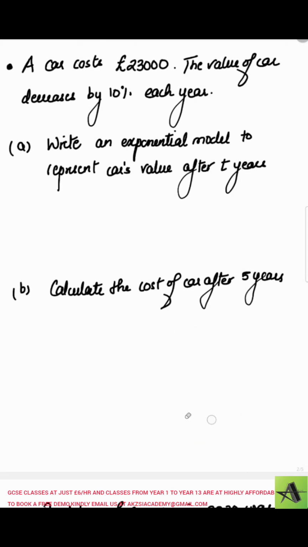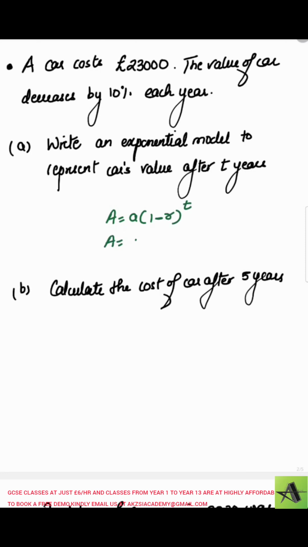This question says a car costs £23,000. The value of the car decreases by 10% each year. Write an exponential model to represent the car's value after t years. So obviously we'll be using a times (1 minus r) to the power of t.